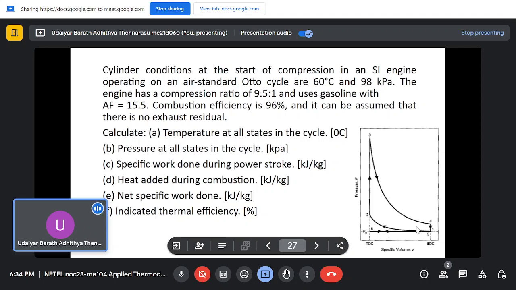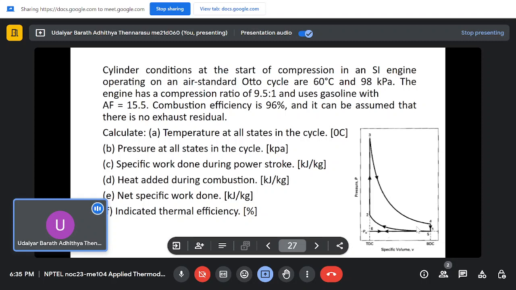So what all has to be calculated? The temperature at all states in the cycle, in degrees Celsius as wanted. The pressure at all states in the cycle, and the specific work done during the power stroke. So for 3 to 4 we need the specific work done. Then the heat added during combustion, 2 to 3, which is the combustion process.